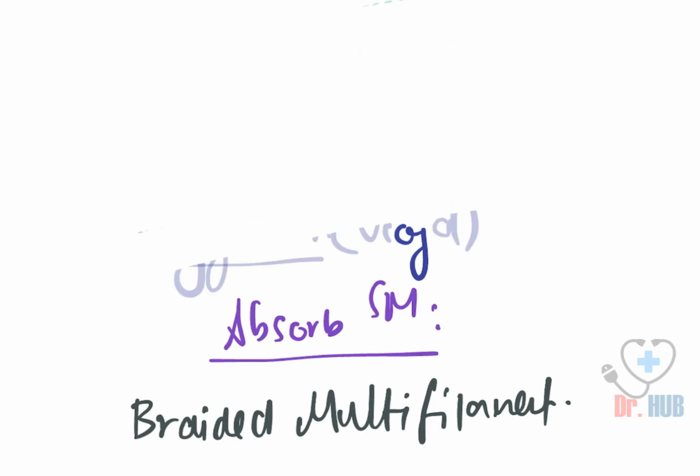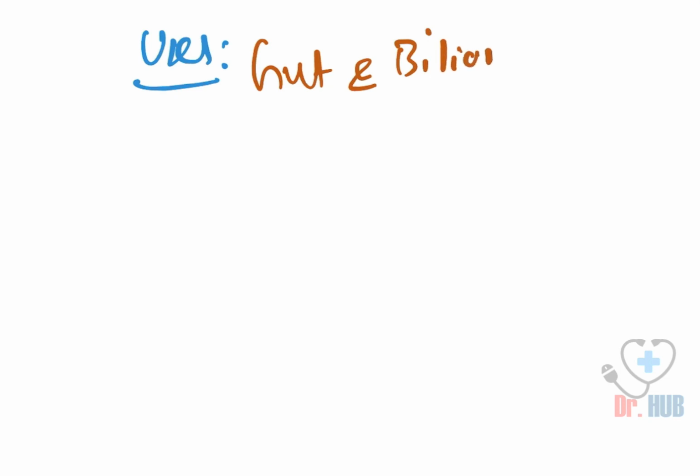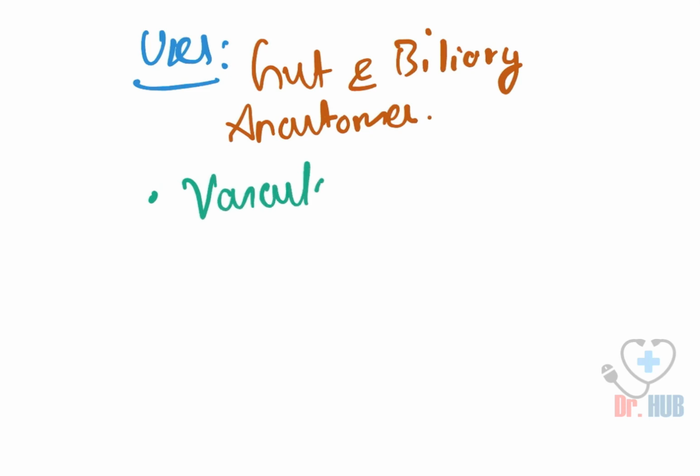So what are the uses of the polygalactin or the vicryl? The uses include the gut and the biliary anastomosis. Then there are also vascular ligatures.